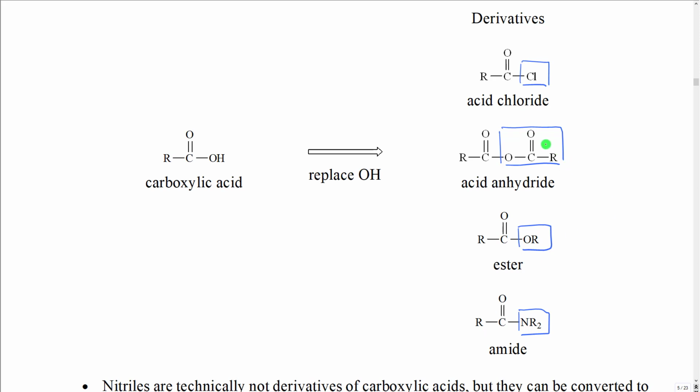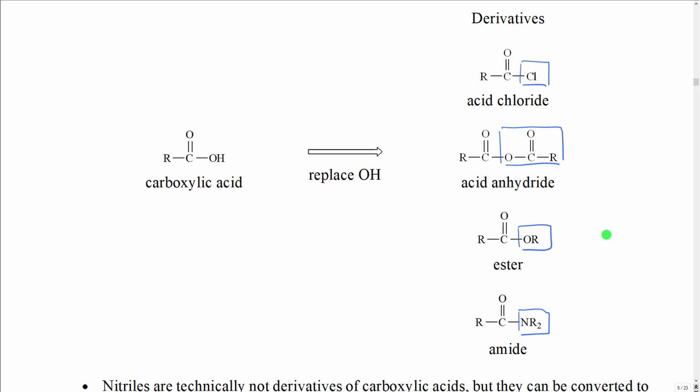What we see is that we could conceptually look at this structure as starting with a carboxylic acid and then replacing the OH with some other heteroatom group. So for example, if we replace the OH with a chlorine, well, now we get an acid chloride. If we replace the OH with a carboxylate, we get an acid anhydride, and so forth.